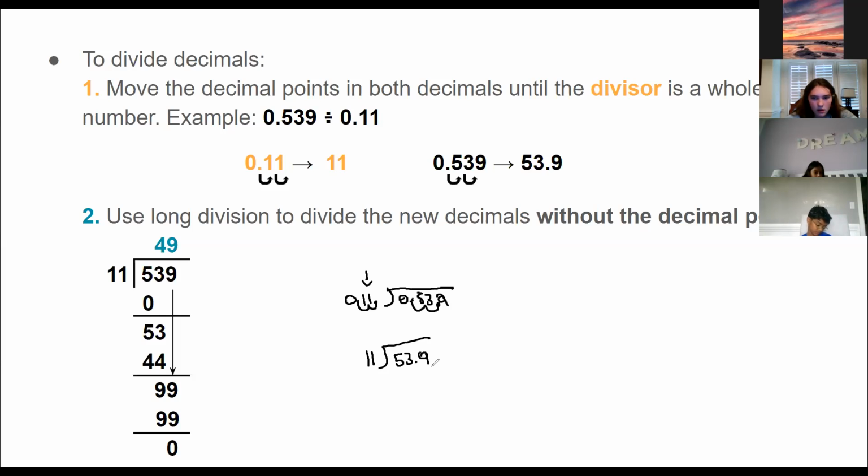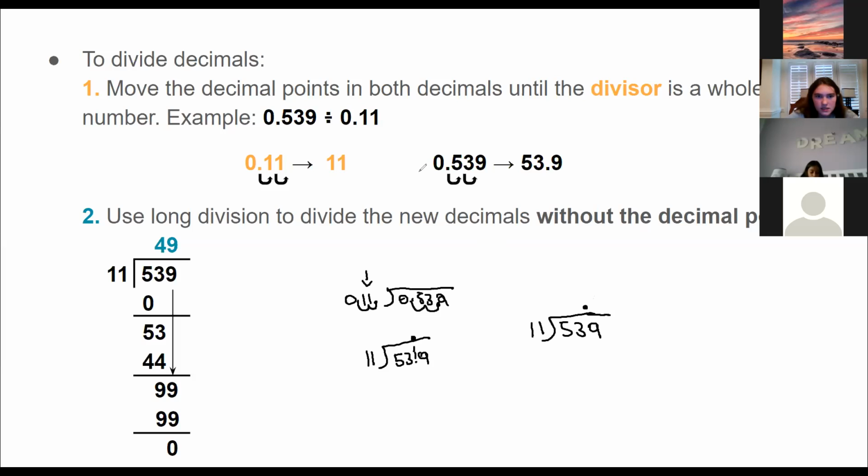And using this decimal point, I move it up here. So now it looks like this. It does say use long division to divide the new decimals without the decimal points, but I do add it up here just in case.